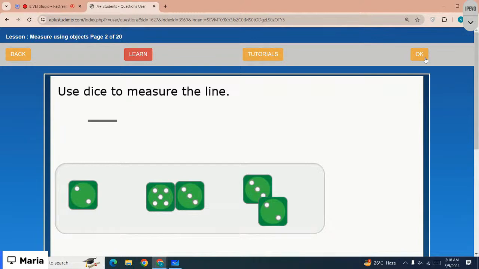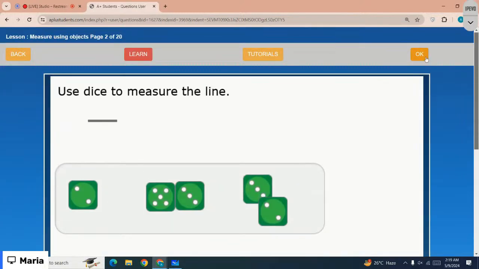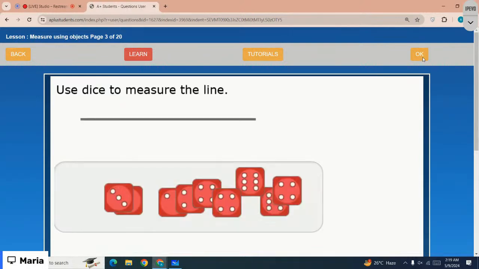Use dice to measure the line. So, which is the correct option? Yes, that is just one dice long. The correct option is one. Use the dice to measure the line.